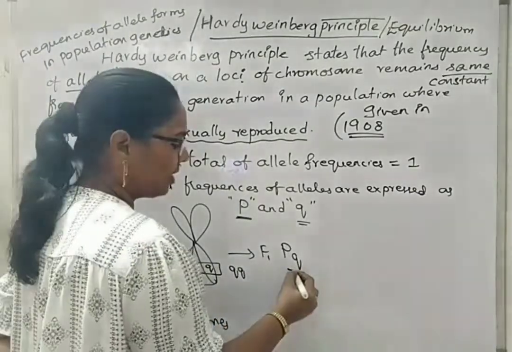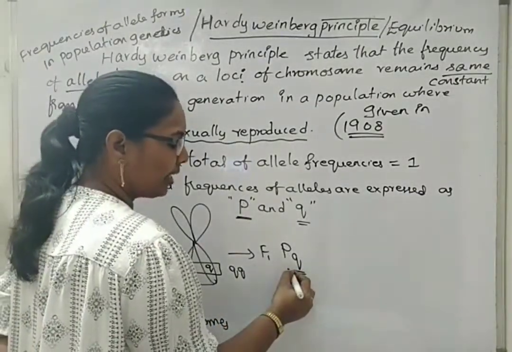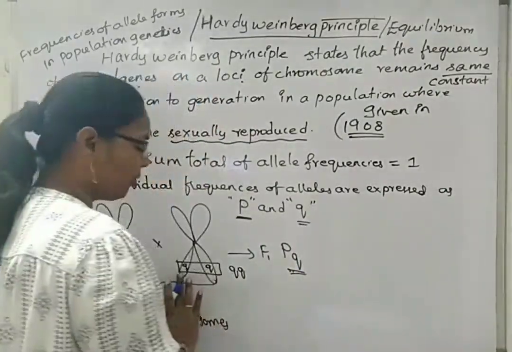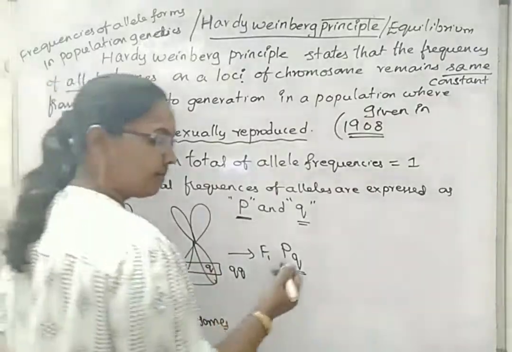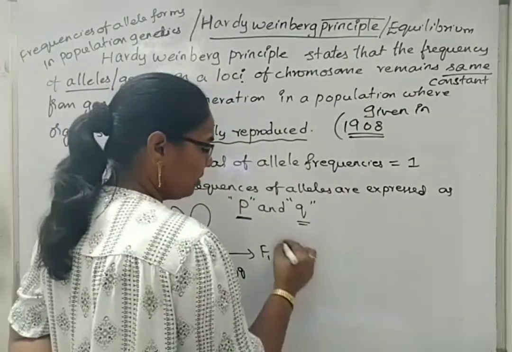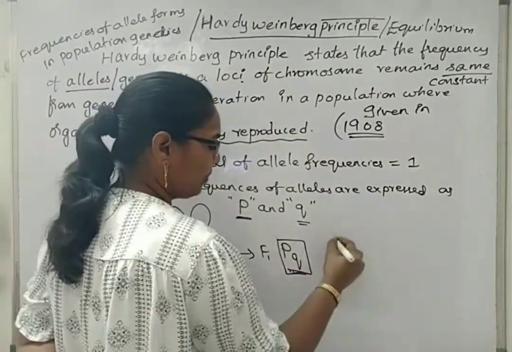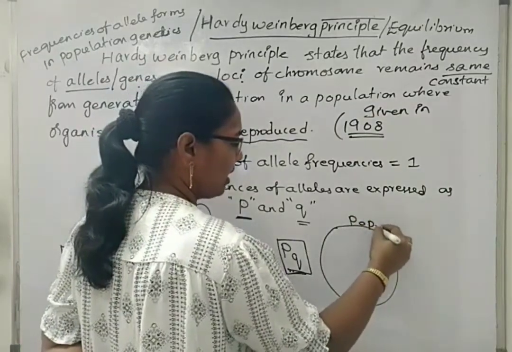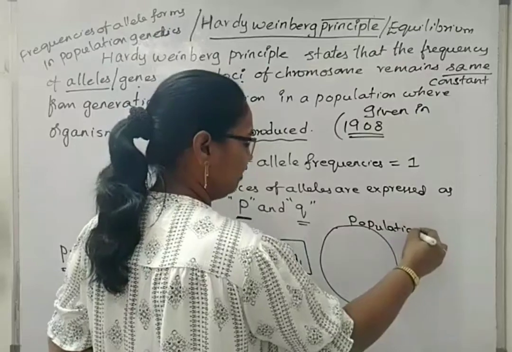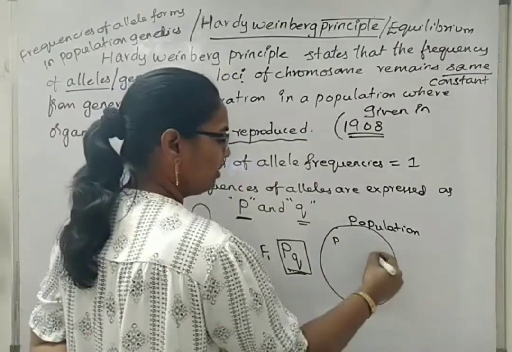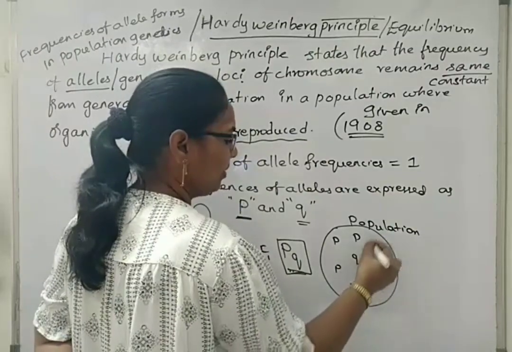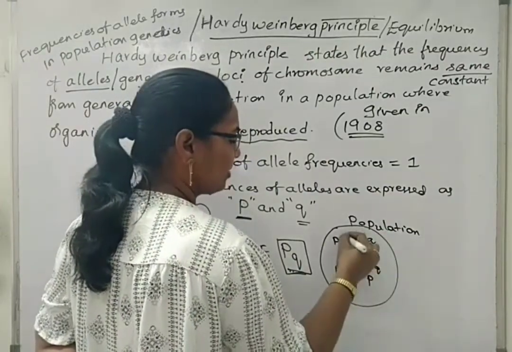In the F1 generation, we are getting the heterozygous allele pairs, which are crossed from homozygous parents. So at this stage, we can represent this in a population. So in a population, there will be dominant alleles, there will be recessive alleles.